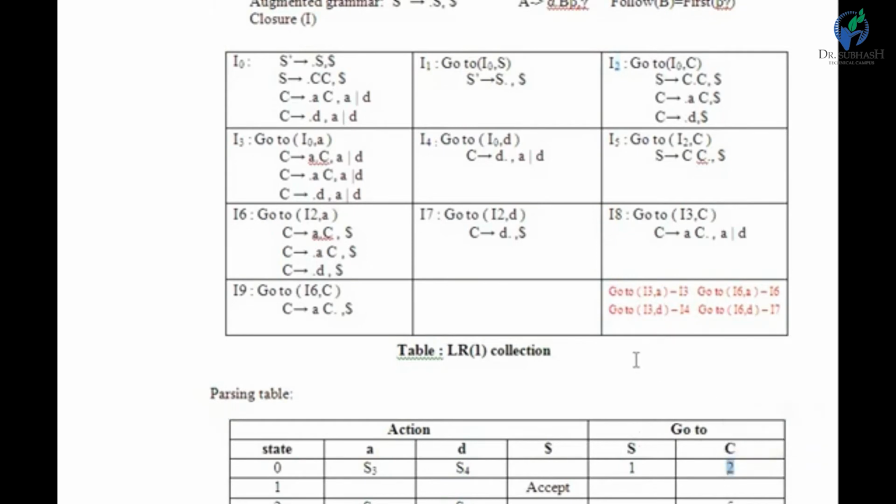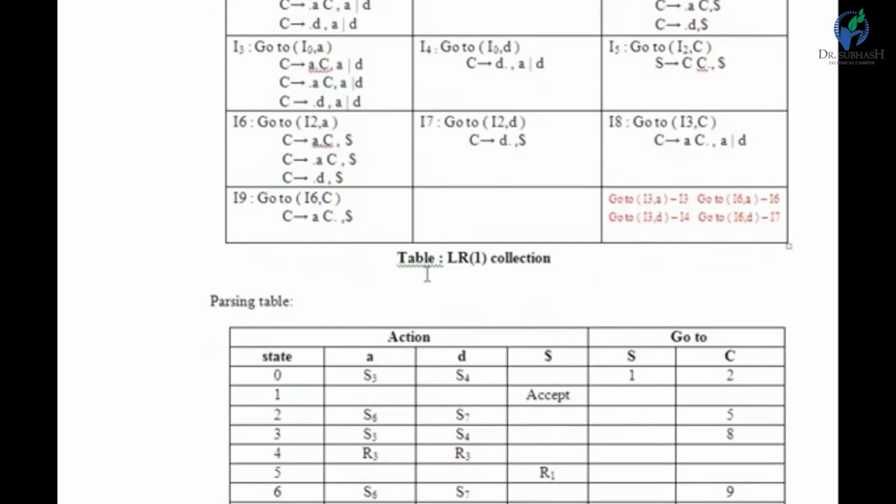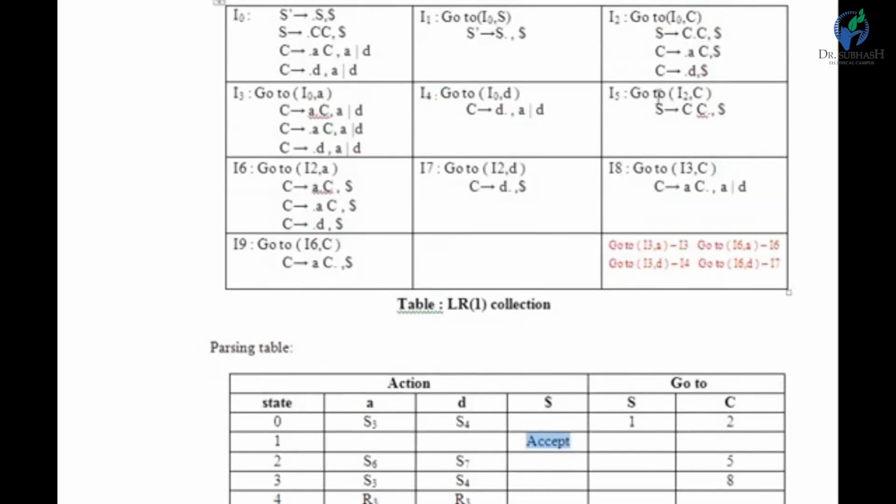Next I1 on any symbol, nothing. Always 1 on dollar is accept, because it's the augmented grammar. So write down state 1 on dollar, accept. Next I2 on C is 5. So 2 on C is 5.